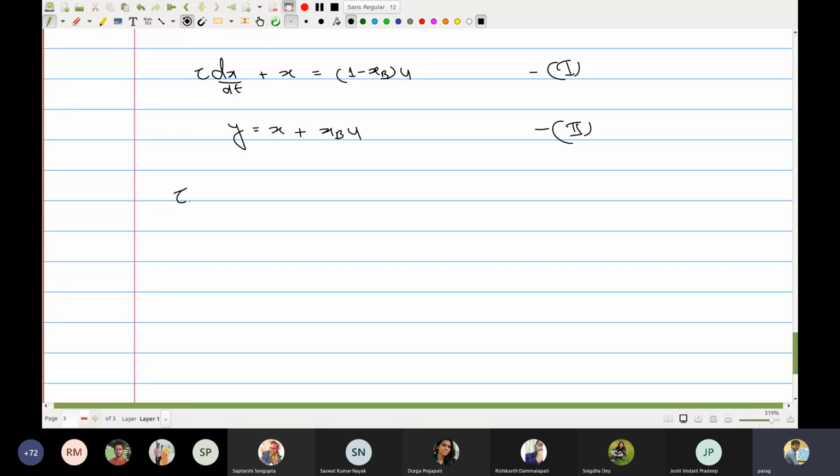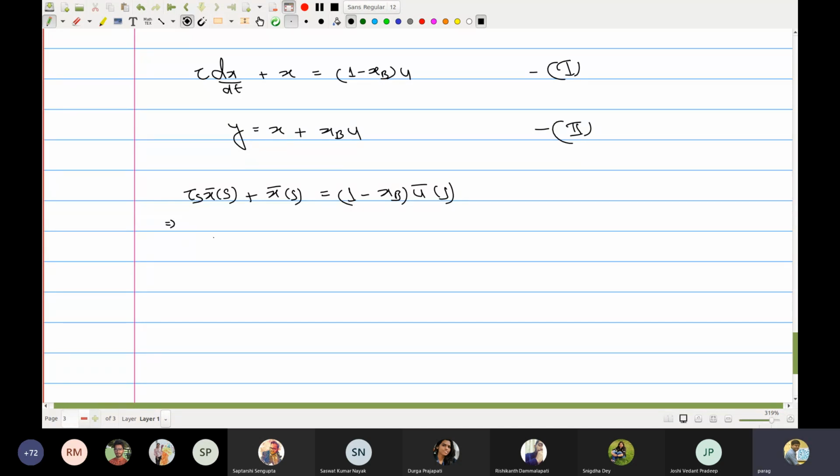So let me write down the Laplace transform. It will be tau s x bar of s plus x bar of s equals 1 minus xb times u bar of s, the Laplace transform of the first one.